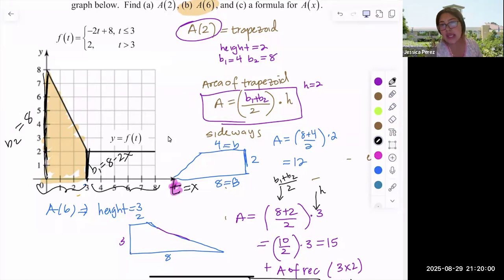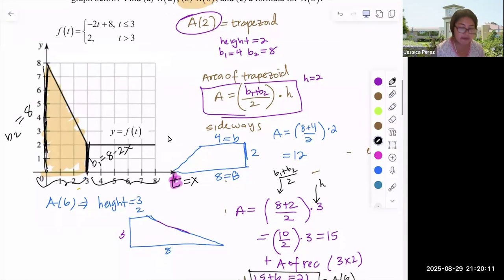The height is 2 times x, where x ranges. So the area before 3, the area of x when x is less than 3, including 3, because we just saw that, is going to be 1/2 times b1 plus b2 times my x.